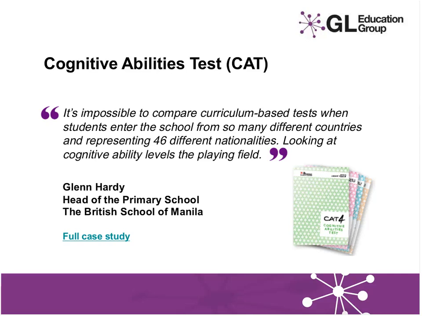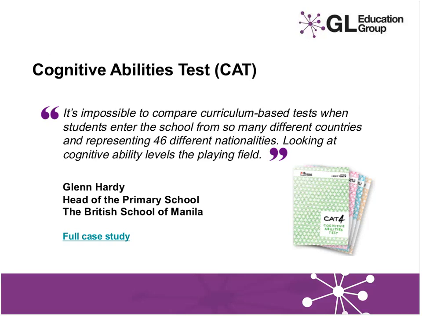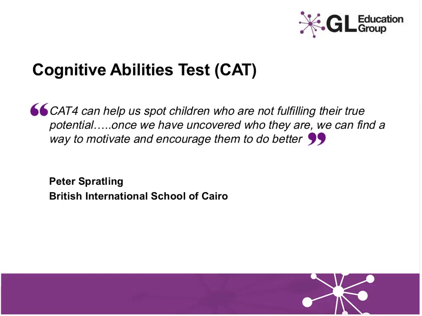That's more from an admissions side of things. But CAT4 is also about understanding the true potential of the learner, as I've just indicated. Once you've uncovered who that learner is and their learning bias, you can find more appropriate ways to motivate and encourage them to do better and to develop their strengths further, or improve so that the weaknesses are to a lesser degree weaknesses going forward.